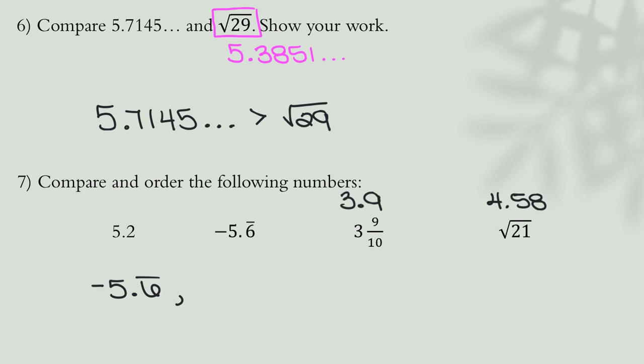I don't think 4.58 is the next smallest. Kirsten? The 3 and 9 tenths would be next. Then we would put SJ? Okay, the square root of 21. Let's go back to its original number. And the largest in the list, Ontario? 5.2. Very good.